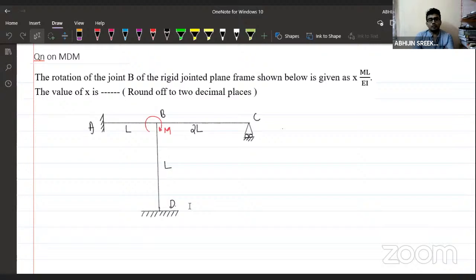Read the question properly. Follow the procedure. Understand what is given in the question, what is being asked to find, and think how we can get the answer. I'm expecting your answers. I'm giving you some time.